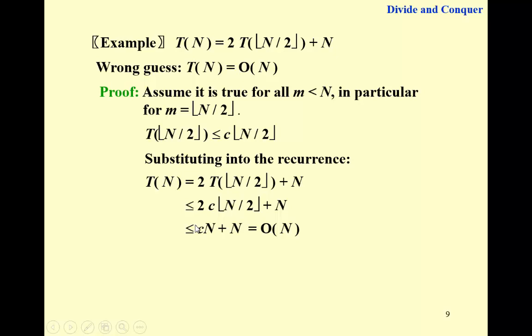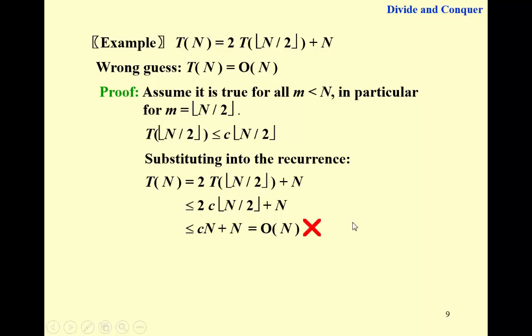And when we're talking about less than or equal to, it's safe to remove the floor, and we have this 2 and this 2 cancelled out, and therefore we have a constant times n plus n. Can we conclude that this is, well, c plus 1 times n, but c plus 1 is also a constant. It's another constant. So can we claim that this is simply big O of n?